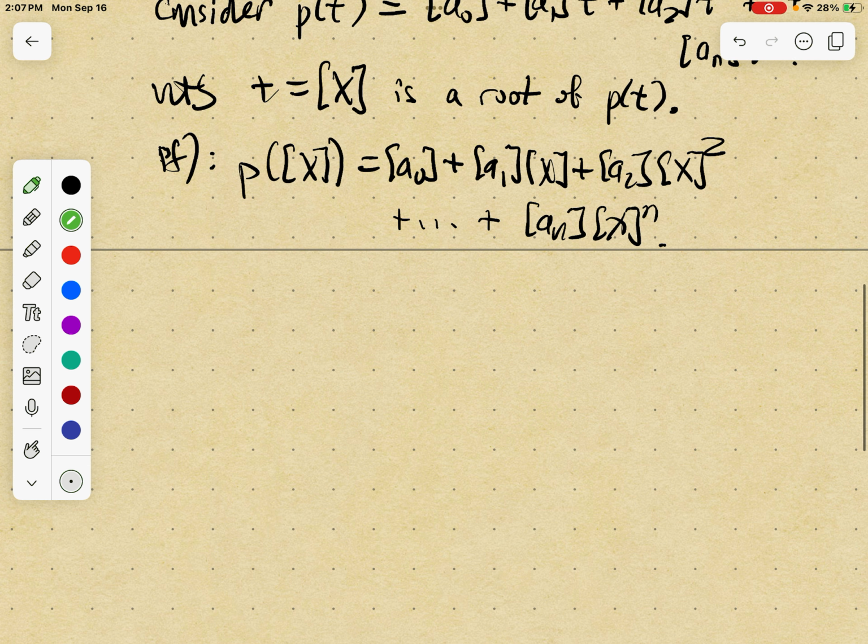So that's the operation. And so therefore this is equal to, okay, so you have the coset of a naught, and then we defined this, right, to be the coset of a1x. a1 times x.